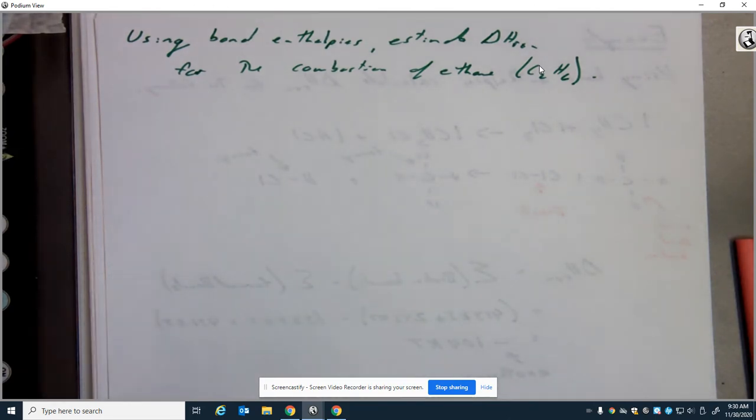In this problem, the first thing we have to do is write the combustion equation.